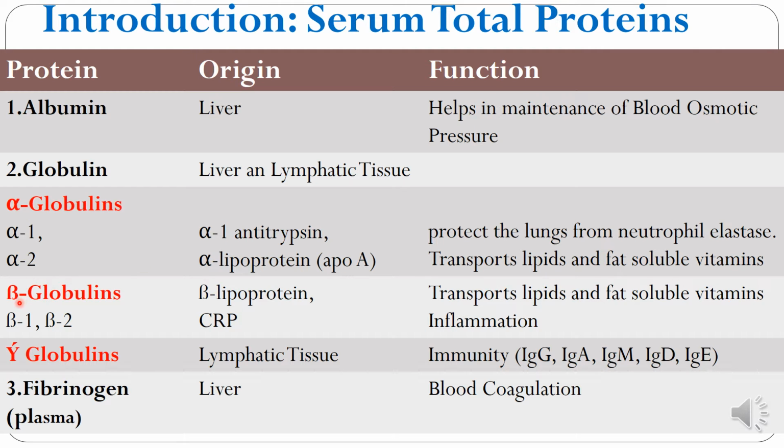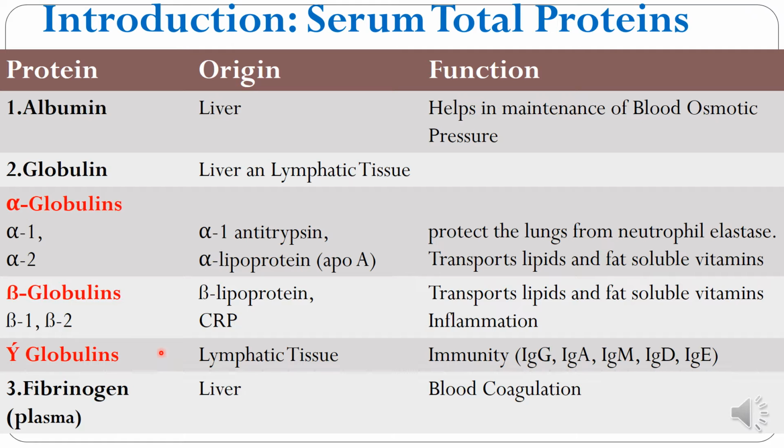vitamins. The beta globulins consist of beta 1 and beta 2. Beta 1 example is beta lipoprotein and beta 2 example is C reactive protein. The beta lipoprotein again helps in transport of lipids and fat soluble vitamins, whereas C reactive protein is seen to play an important role in various inflammatory processes.